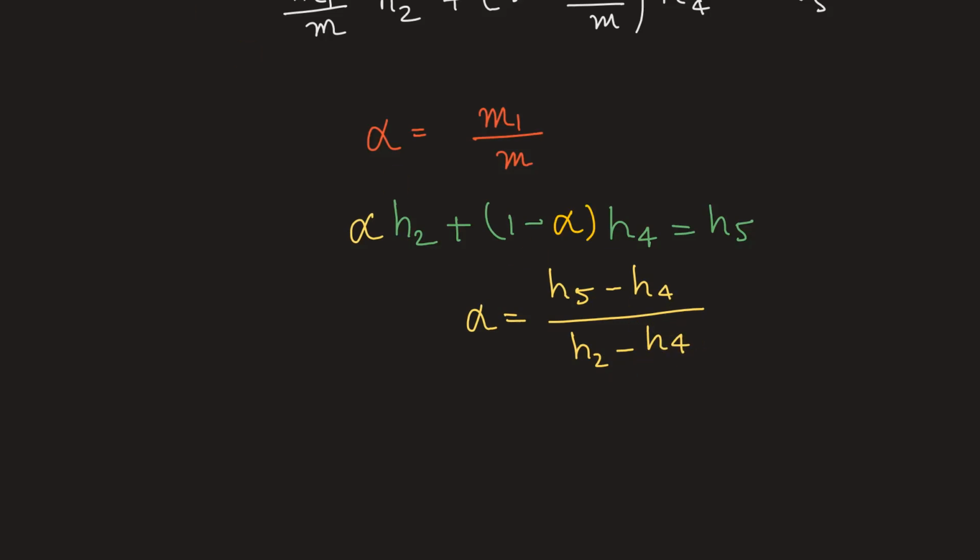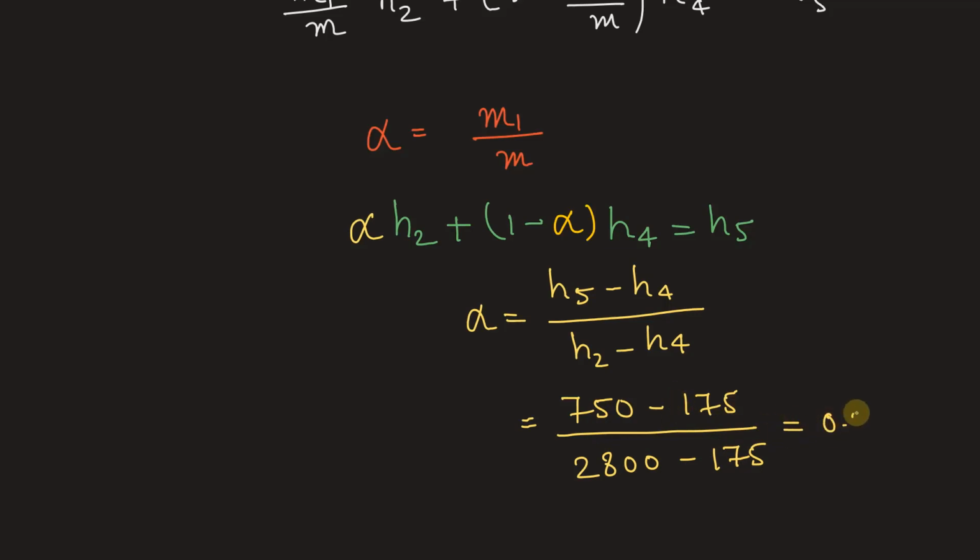Now if we substitute the values, the enthalpy H5 is given as 750 minus enthalpy at 4 is 175, divided by enthalpy at 2 given as 2800 minus 175. If you do this calculation, we will get the value of alpha equal to 0.2.